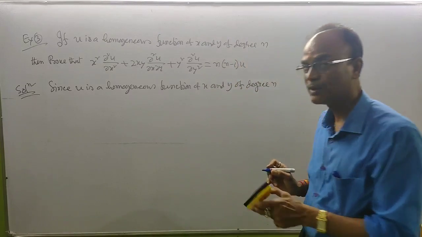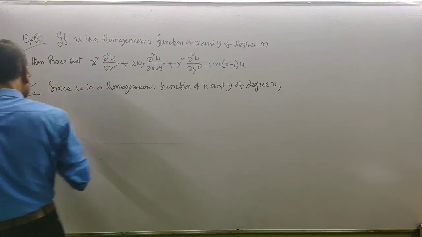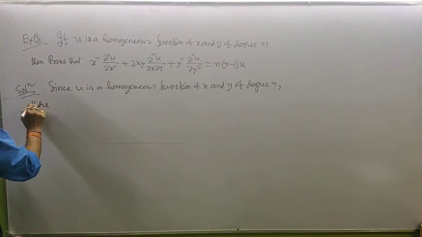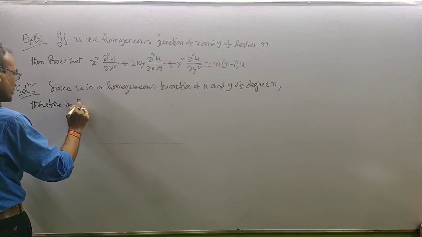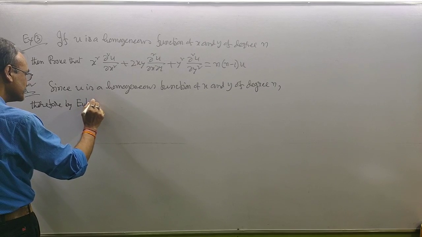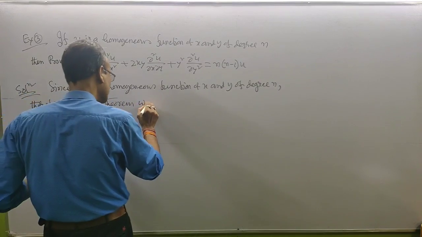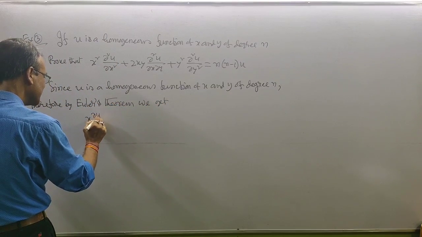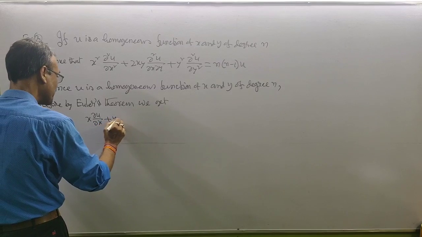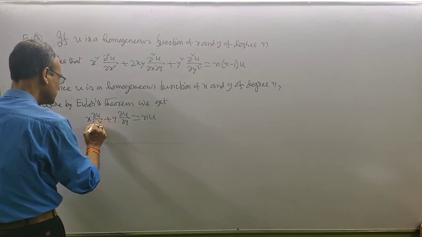Therefore by Euler's theorem we get x del u by del x plus y del u by del y equal to n u.